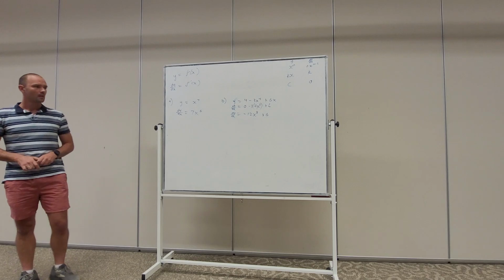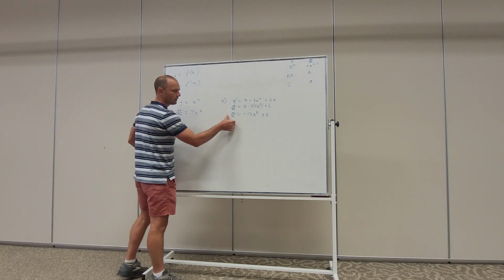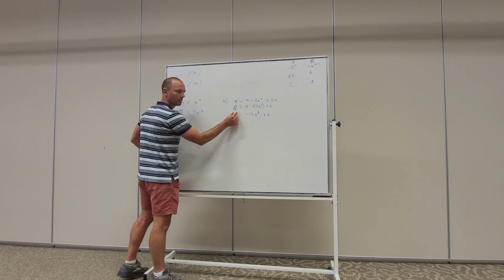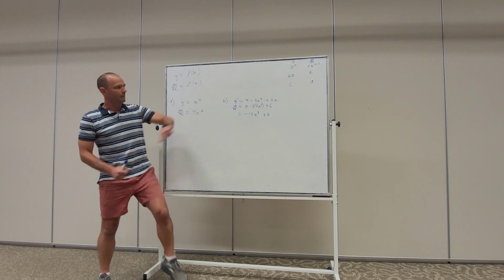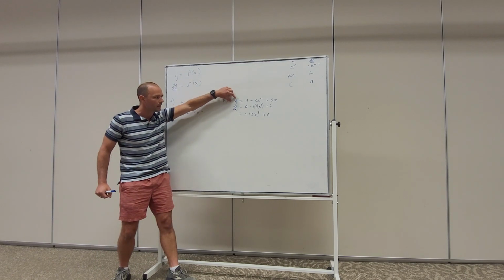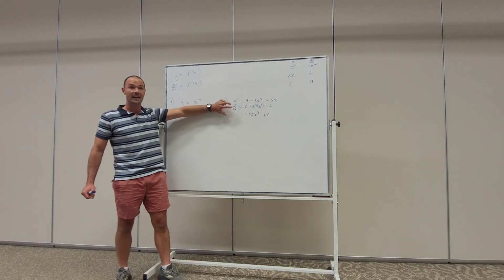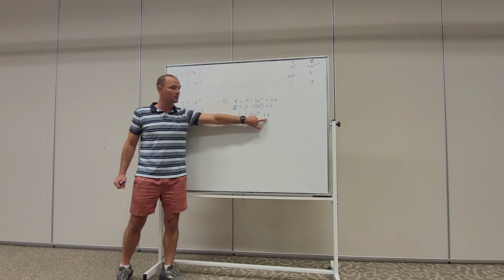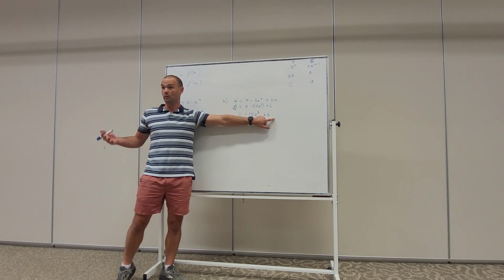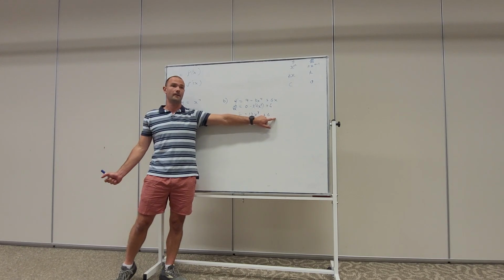Now, maybe I'll just say as well, this one here is not completely necessary. We've gone from y to dy over dx. This is the derivative function here. And in the next step, it is equal because all we've done is simplify it a little bit, right? We've multiplied them out together.